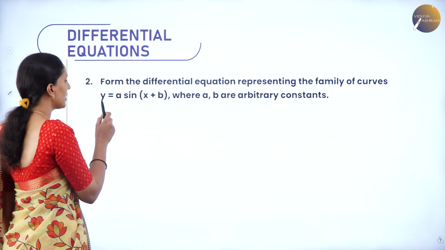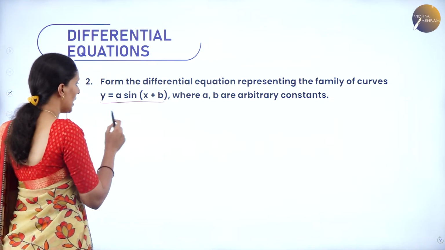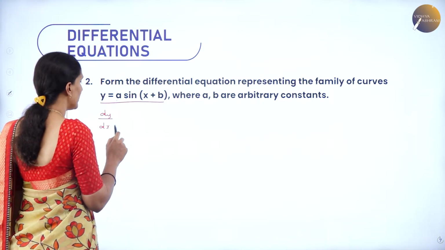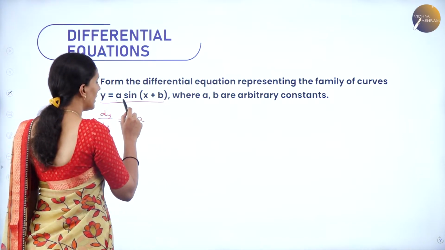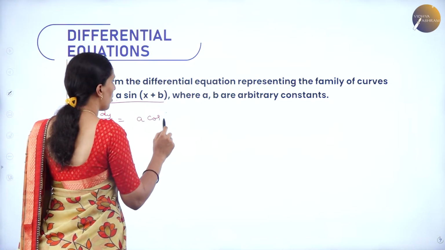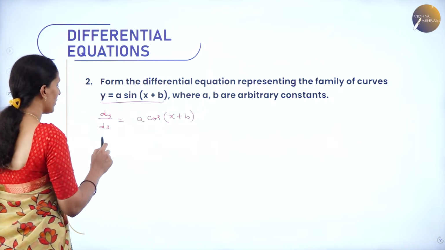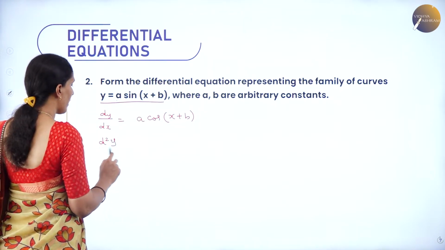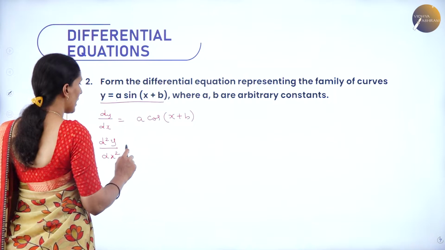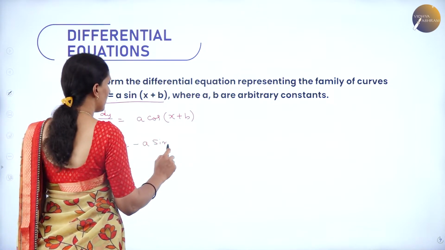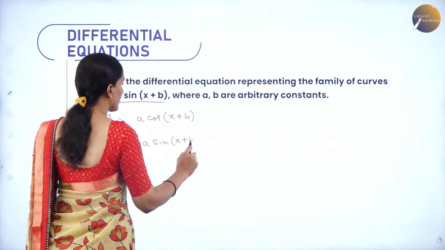So we have y is equal to a sine x plus b. Let us derive it. Then it is dy by dx is equal to a is constant, sin x plus b becomes cos x plus b. Now again differentiate it, then it is d square y by dx square, a is constant, derivative of cos is minus sin x plus b.